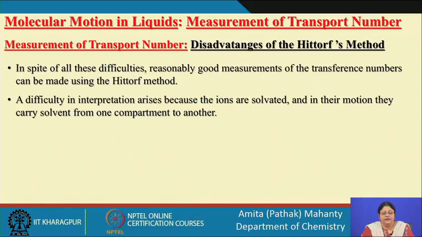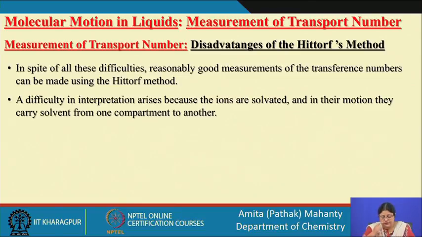A difficulty in interpretation arises because ions are all solvated, and in their motion they carry solvent from one compartment to the other. So, if you go into a very detailed interpretation of what you see, you have to take the solvent effect into account. The ions are actually solvated when they are in motion.